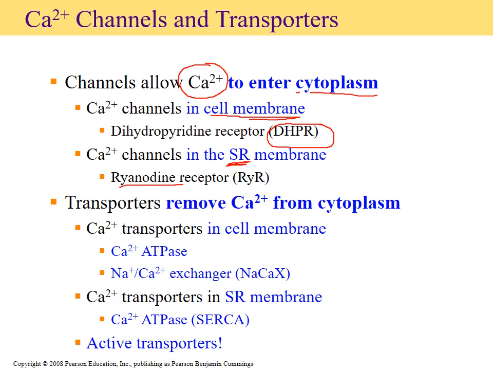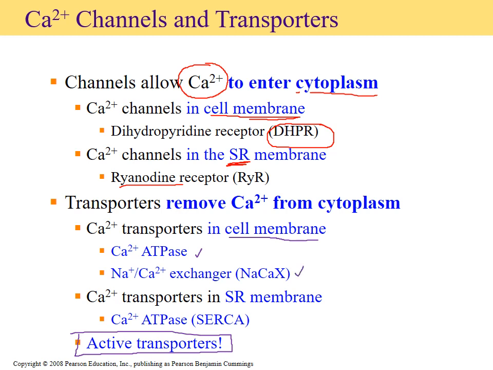If we want to remove the calcium because it's time for the muscle to relax, then what we see happening is that we're only going to use active transporters. So this is going to require a lot of ATP to get this done and to remove the calcium. In the cell membrane, you will have two transporters. You will have the calcium ATPase and the sodium calcium exchanger.